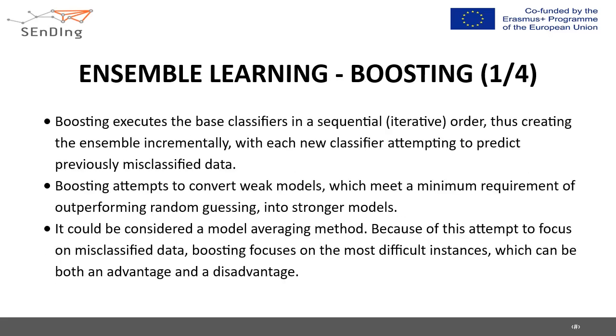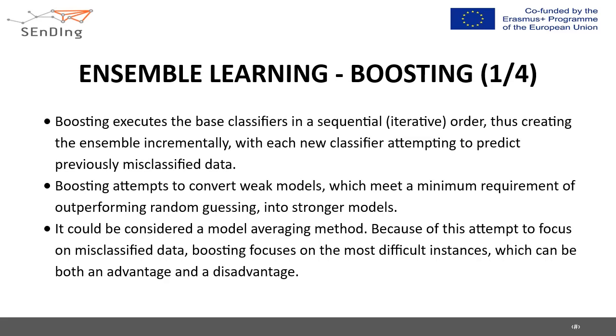Boosting executes the base classifiers in a sequential, iterative order, thus creating the ensemble incrementally, with each new classifier attempting to predict previously misclassified data. Boosting attempts to convert weak models, which meet a minimum requirement of outperforming random guessing, into stronger models.